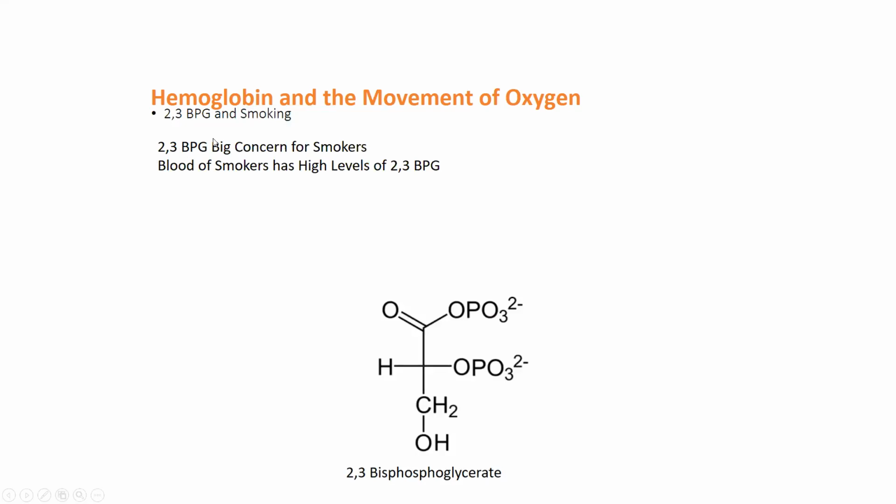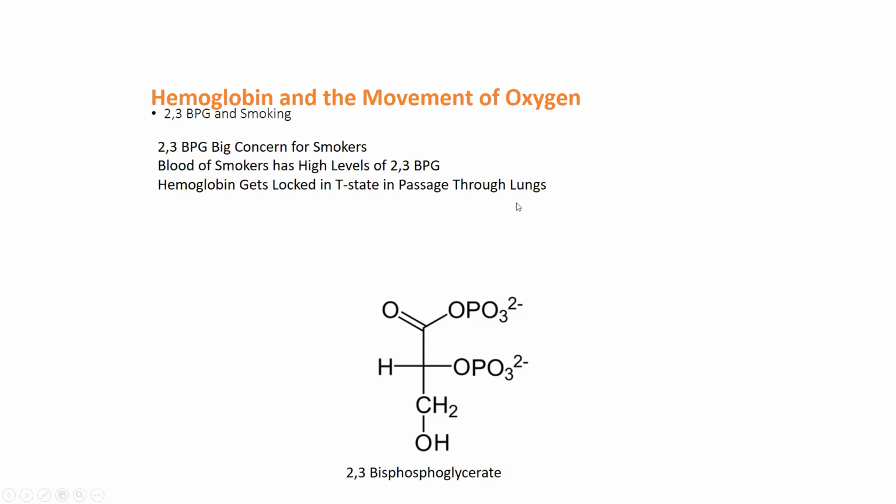So 2,3-BPG is a big concern for smokers because the blood of smokers has high levels of 2,3-BPG. So the hemoglobin gets locked in the T state in passage through the lungs. So when the hemoglobin is coming to the lung and says to the lung, give me oxygen, fill me up with oxygen, I am in the T state, I have no oxygen, the 2,3-BPG will be so much, and you know that 2,3-BPG favors the T state.